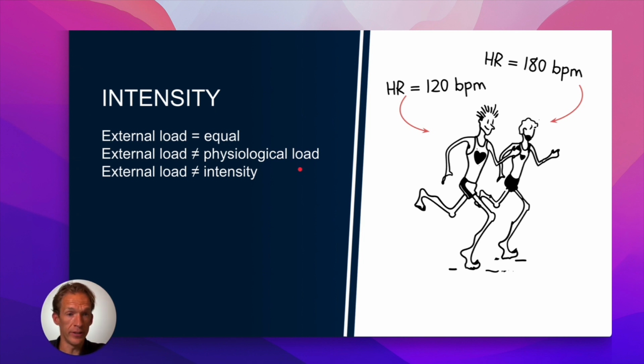So the heart rate in this example is a better reflection of the actual intensity that these people are running at. That's also, in future applications, the way for you to be a little bit more objective by using heart rate and not relying on just the external workload, for example.